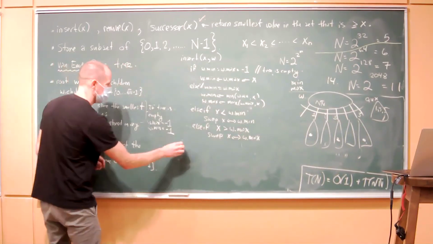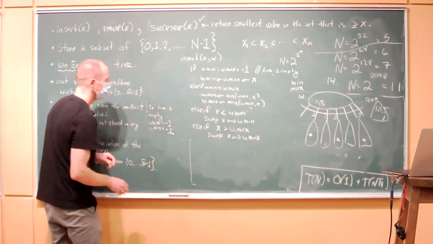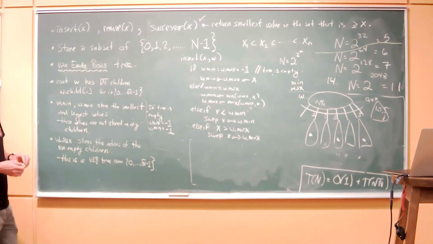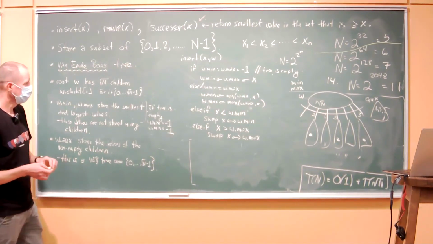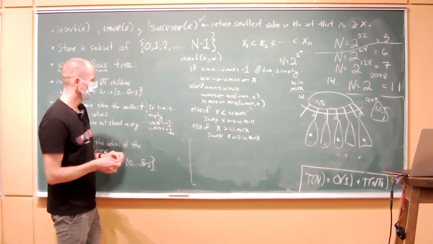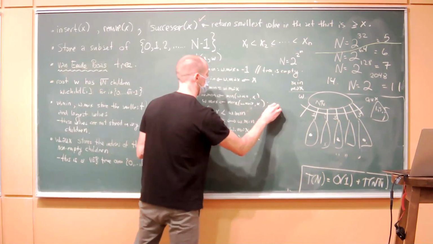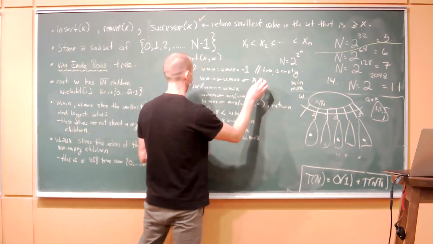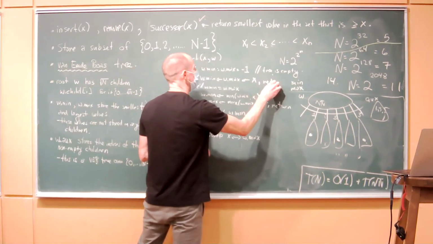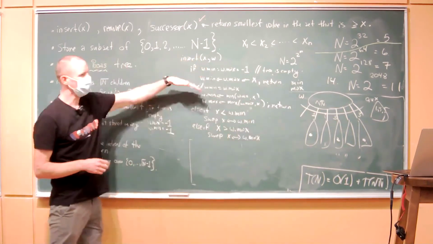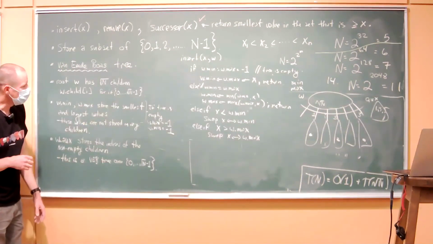And then finally, I don't want these things to bother us. So if these two easy cases happen, we just get out of there right away, just to make sure the code is correct.